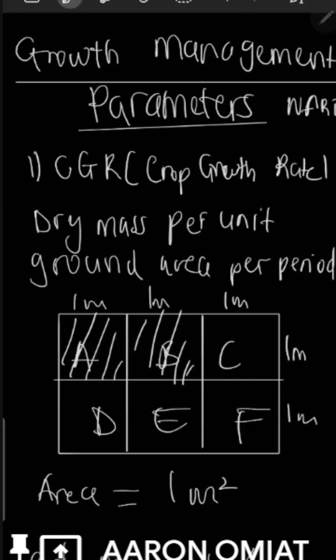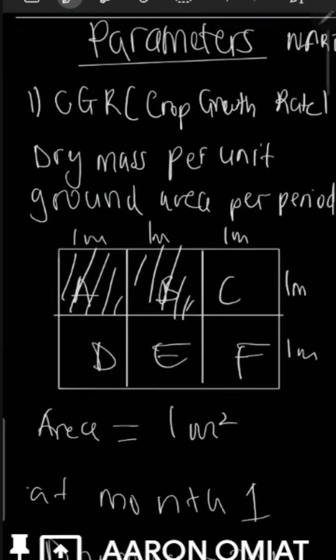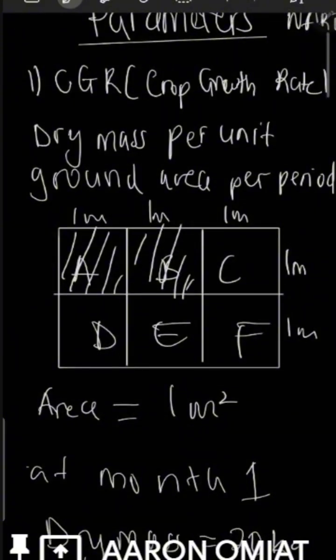So what they do, they plant it in a field. Then they go and sample. The field is divided into areas of 1 meter squared, right? Okay. So crop growth rate is the dry mass per unit ground area for a given period.